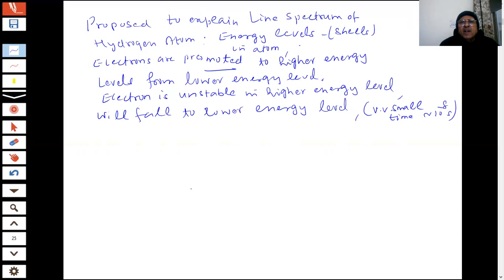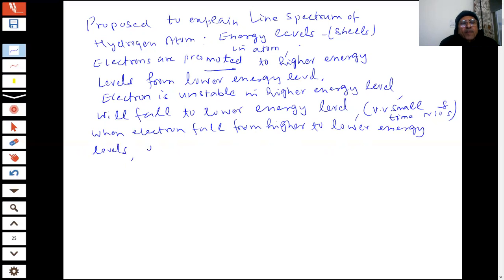When electrons fall from higher to lower energy levels, students, what will they do?